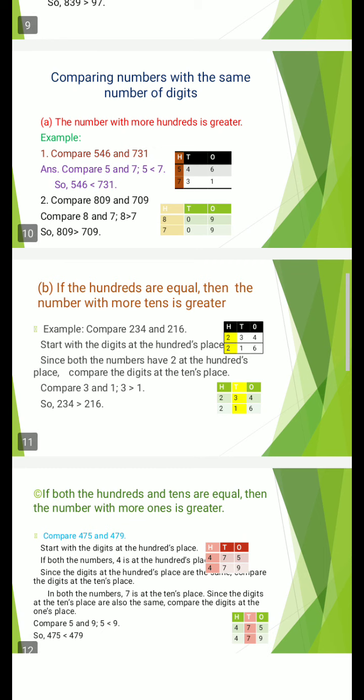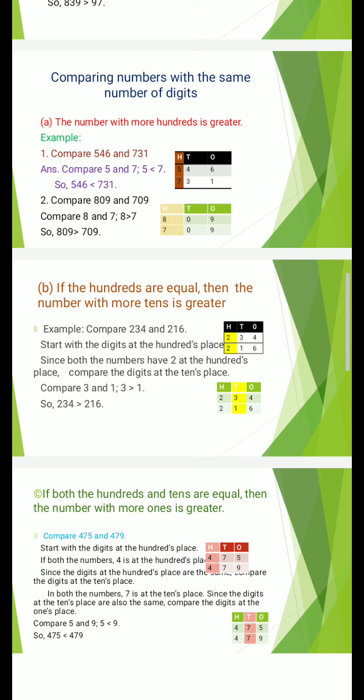Now the case is if the hundreds are equal, then the number with more tens is greater. This case includes if the given two numbers have the same digit on the hundreds place. For example, compare 234 and 216.